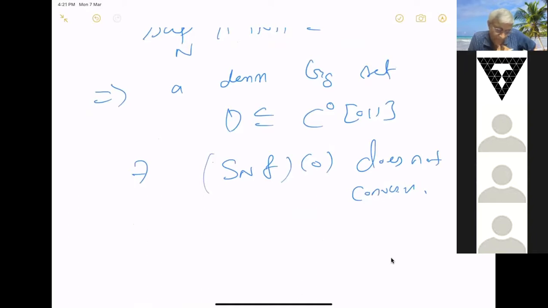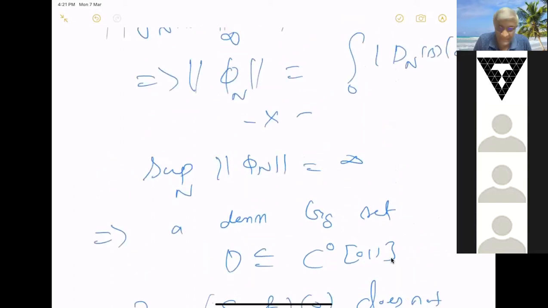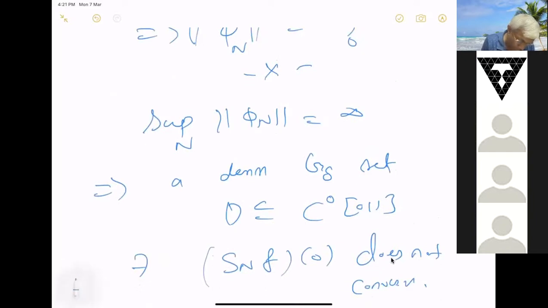So it's clear, no? Is it fine? Some reaction? Any doubt? I have proved that the supremum of all those linear functionals is infinity by the uniform boundedness principle.